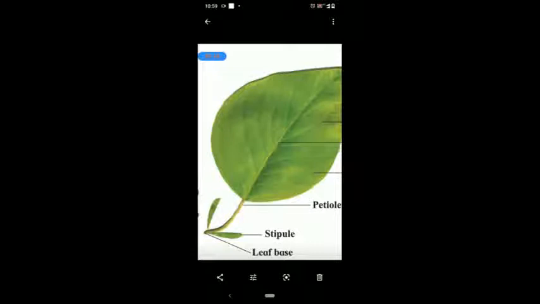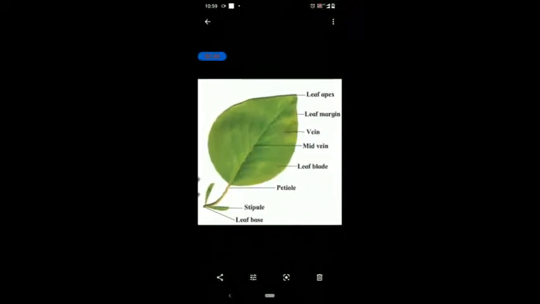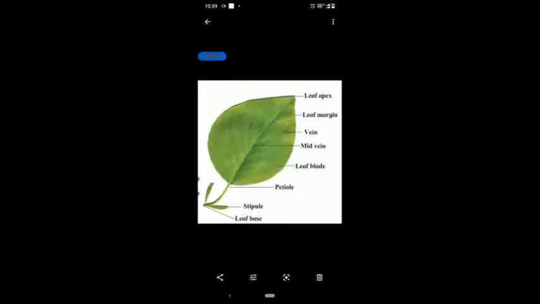The part where the leaf is connected with the stem is called the leaf base. And the stalk-like structure that starts from the leaf base and carries the leaf is called the petiole. This is also not present in all leaves. Some are directly joined to the stem.